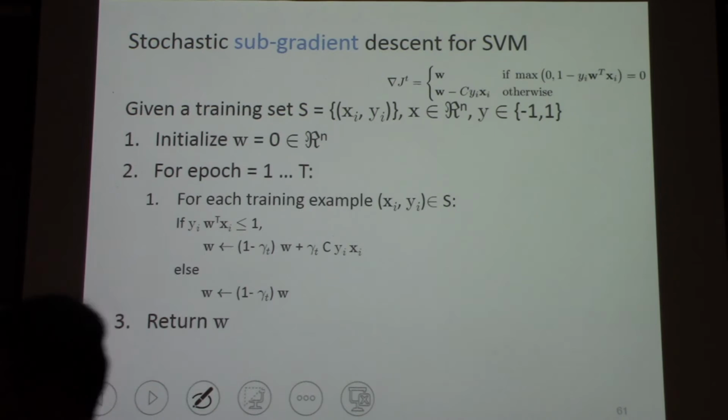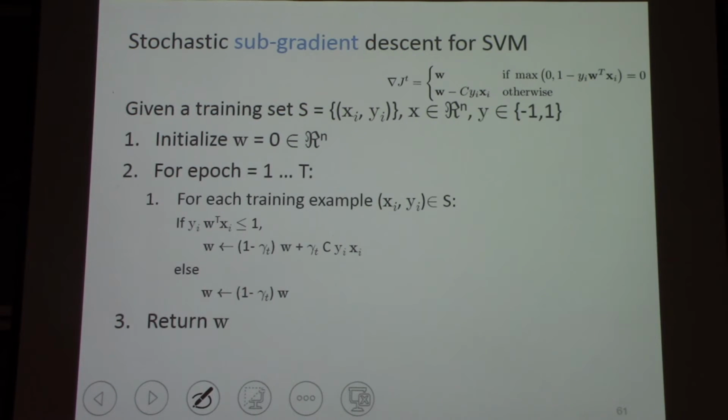The update rule says w is w minus the corresponding term in the gradient. In this case, it's just w equals w minus gamma w, which is this part here. You just shrink the w. Gamma is a number between 0 and 1, so this 1 minus gamma is a number between 0 and 1.